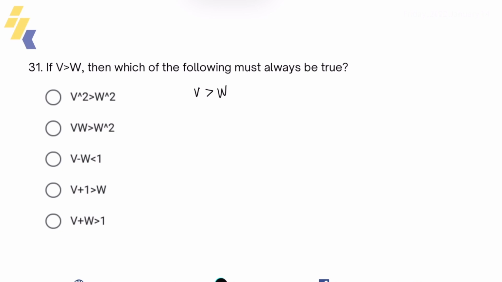So kapag ini-square mo yung greater number, that's always greater than the square of the smaller number? So we have here V squared is always greater than W squared. So tama ito. Paano naman kung ganito?